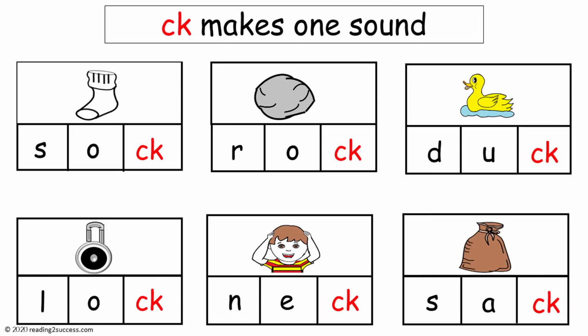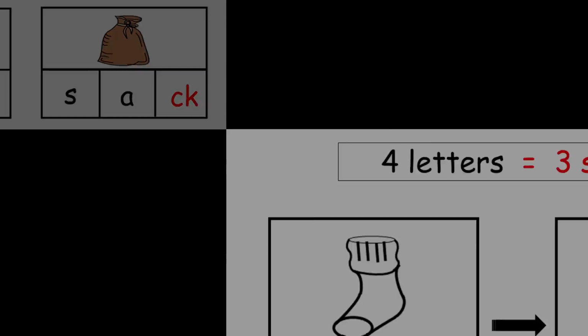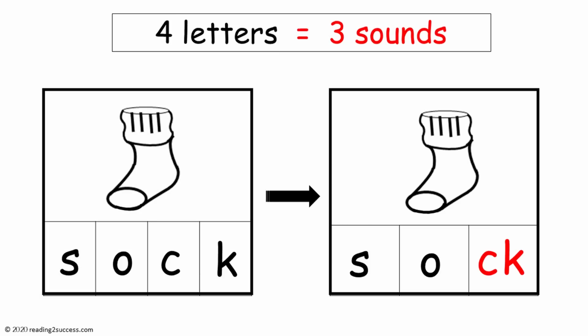So the CK together makes one sound, and it is K. So we hear that at the end of sock, rock, duck, lock, neck, and sack. So kids need to understand, even though the word sock has 4 letters, it only has 3 sounds.